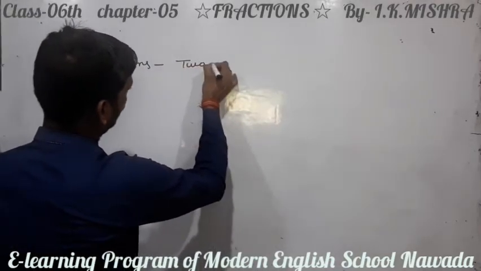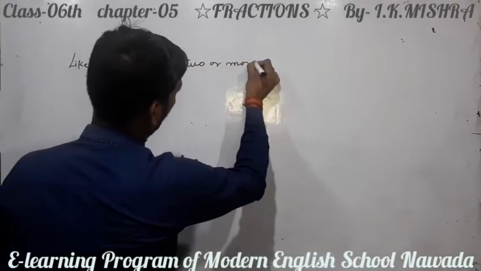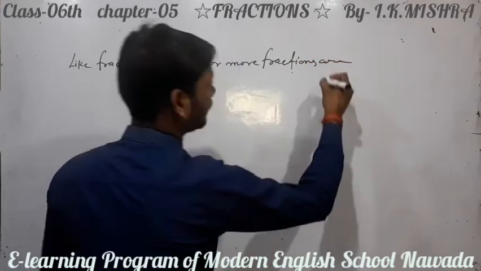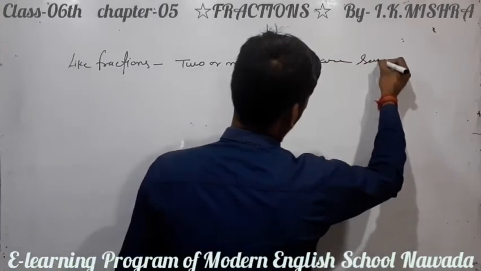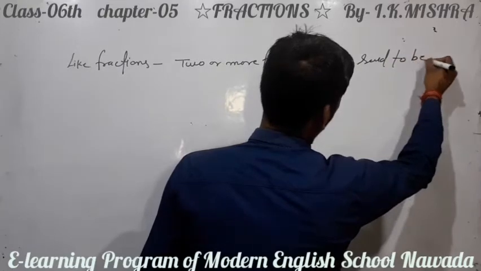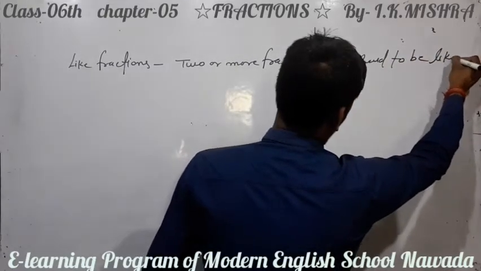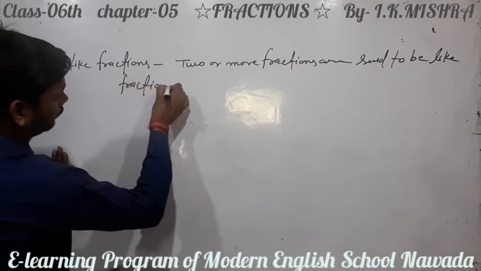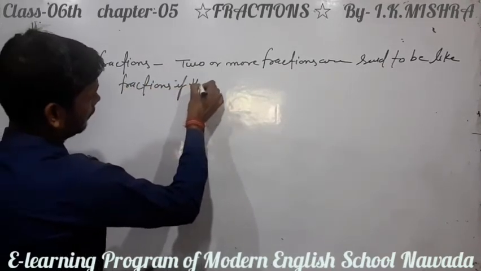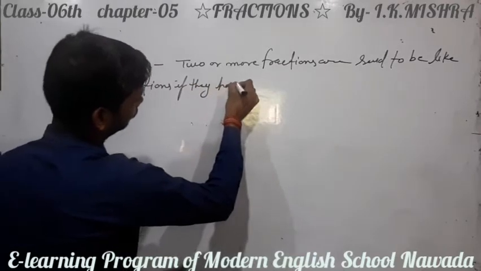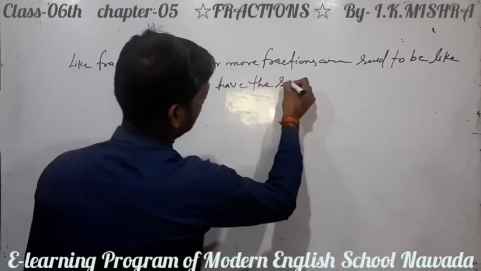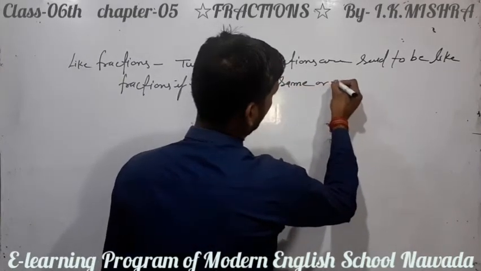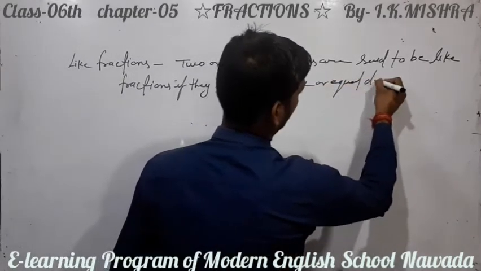Two or more fractions are said to be like fractions if they have the same or equal denominator.